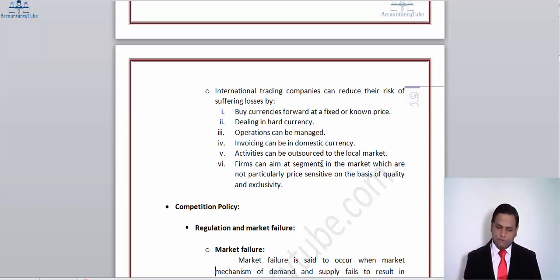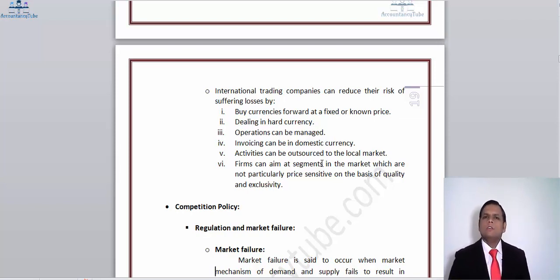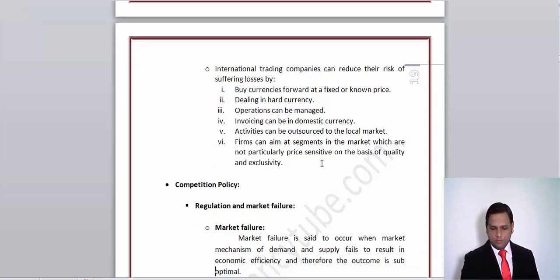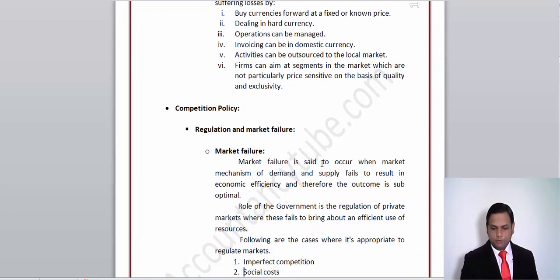Then we've got firms can aim at segments in the market which are not particularly price sensitive, on the basis of quality and exclusivity. We can always focus on those areas of the market which are not particularly susceptible to exchange rate fluctuations. Instead of covering a wide area of the market, we can focus on those areas. That's beneficial for the business.